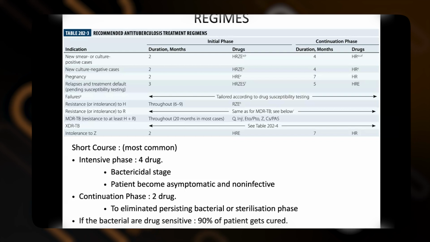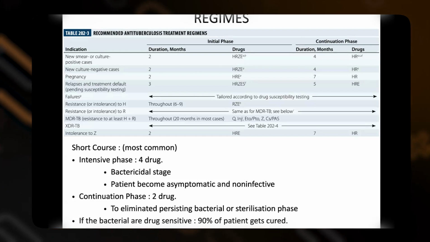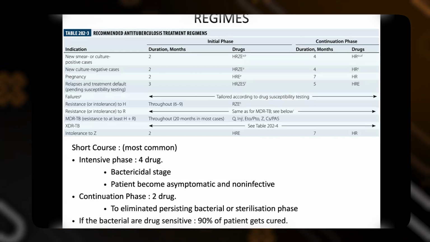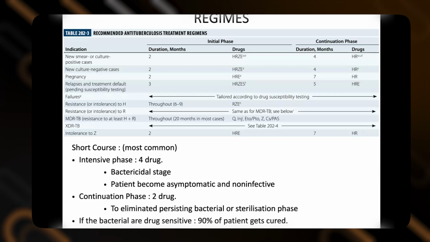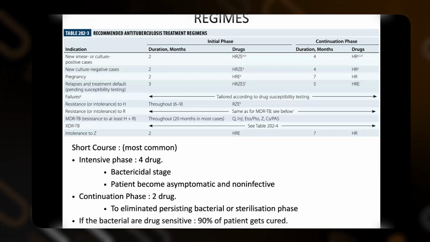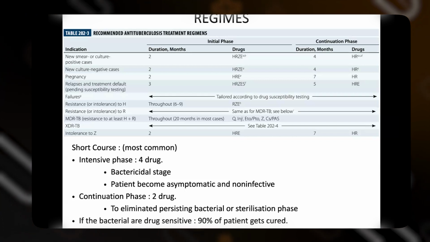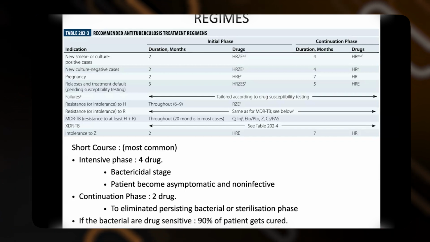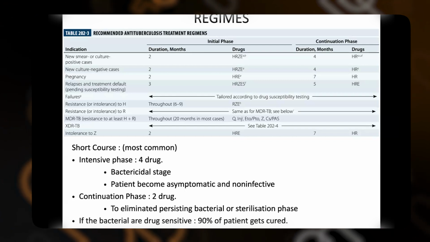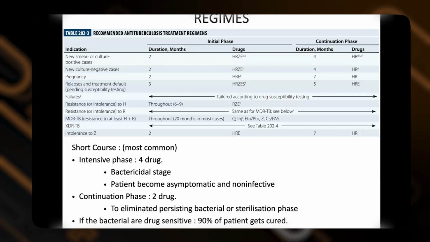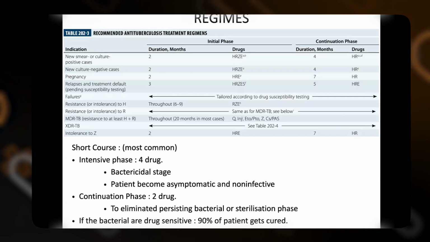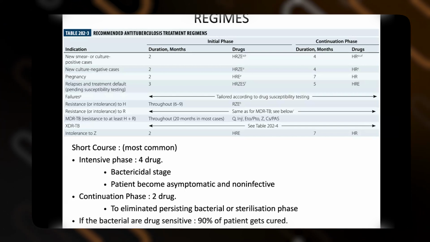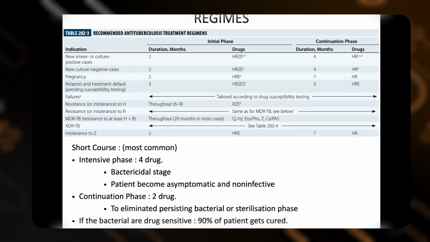So that's the importance of the intensive phase, where you go all out and try to stop and kill all the bacilli. Then you continue the drugs. Now you know that this tuberculosis bacillus is a very tricky bacillus. It stays inside intracellularly. It stays inside the body in a dormant phase and tends to come back now and then.